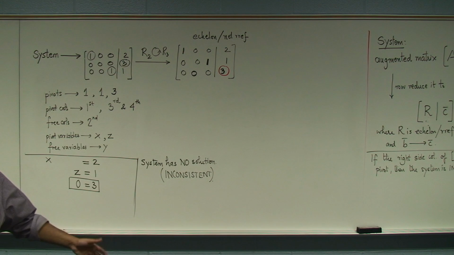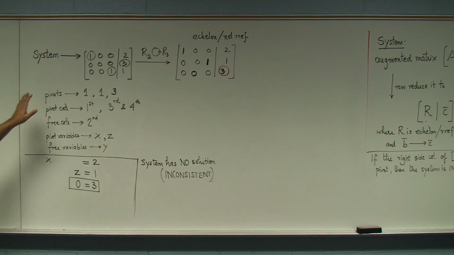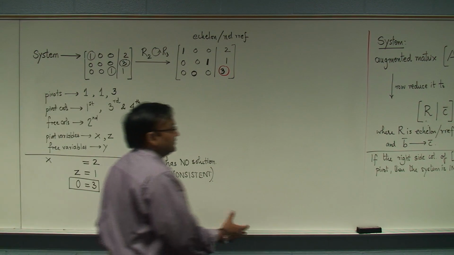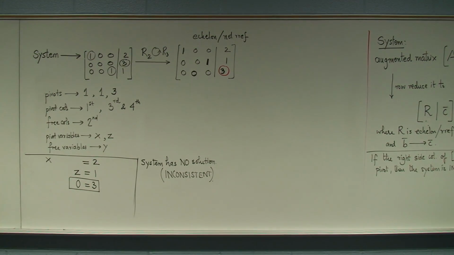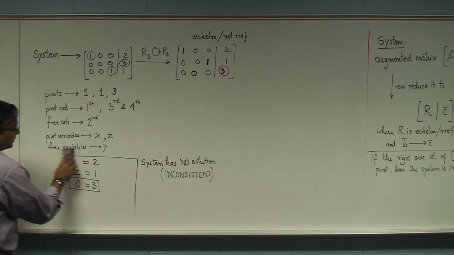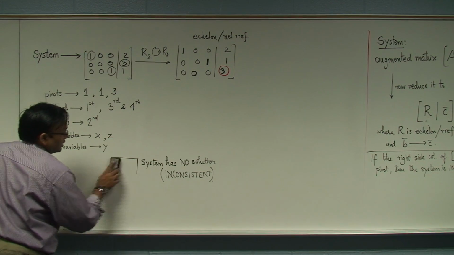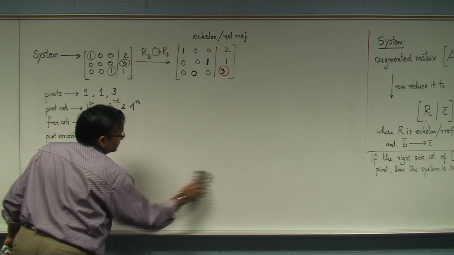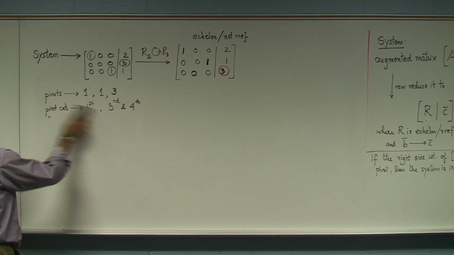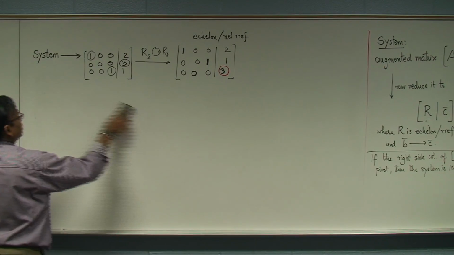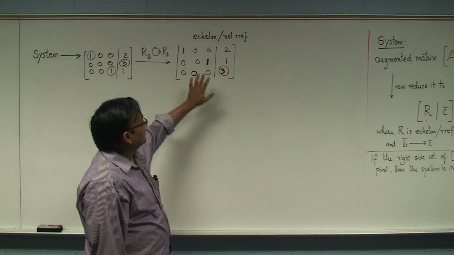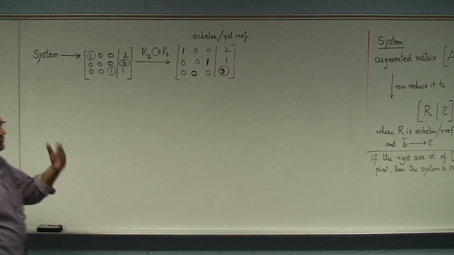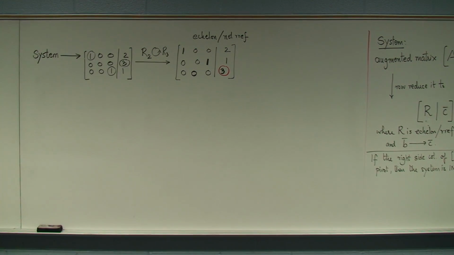Now, with more examples, we'll try to add points to our observations and see if we can predict things even before row reducing. Can we say something about the solutions or the system being consistent or inconsistent? Let me ask you a different question here. We said, if this happens, the system will be inconsistent. What about the converse of this statement? Will that be true?